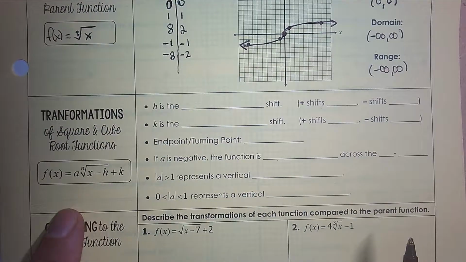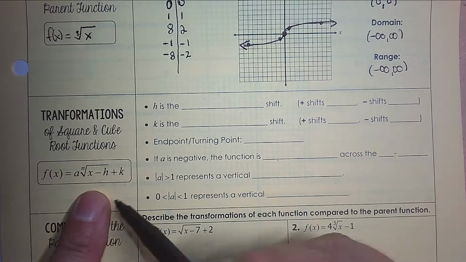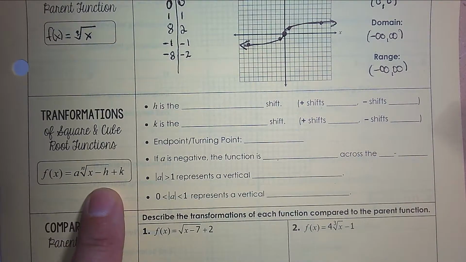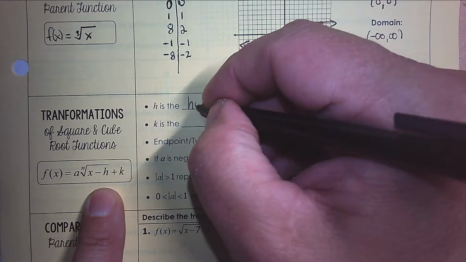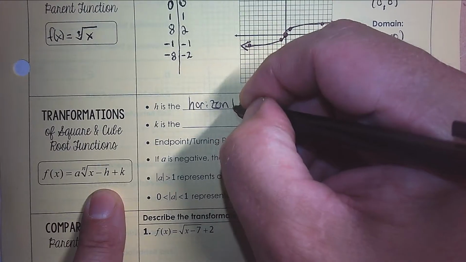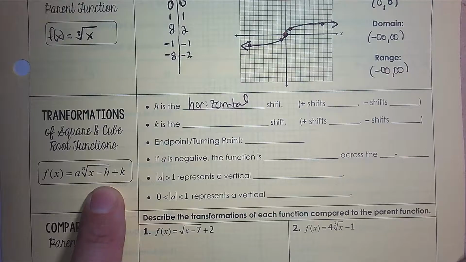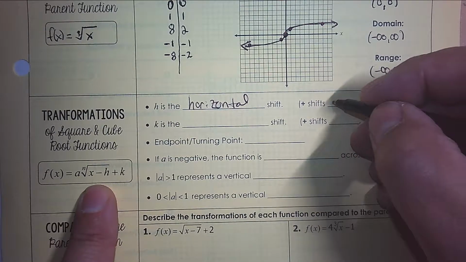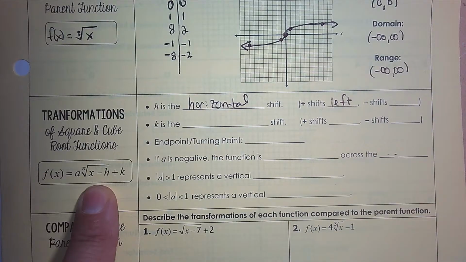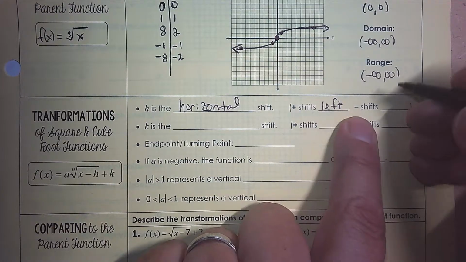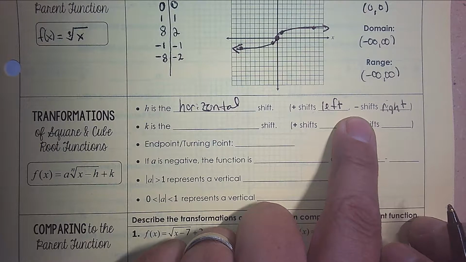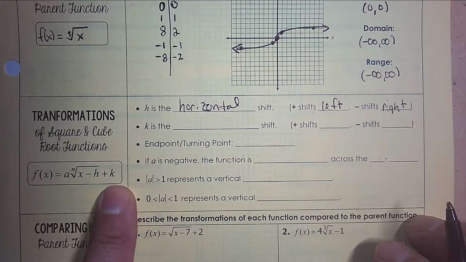So, when you are graphing a radical, do you see the h inside? Is that horizontal or vertical shift? So h is the horizontal shift, and if you see plus, which direction are you going? Left. And if you see subtracting, what direction are you going? Right. Let's try it again. What do you think k is outside?